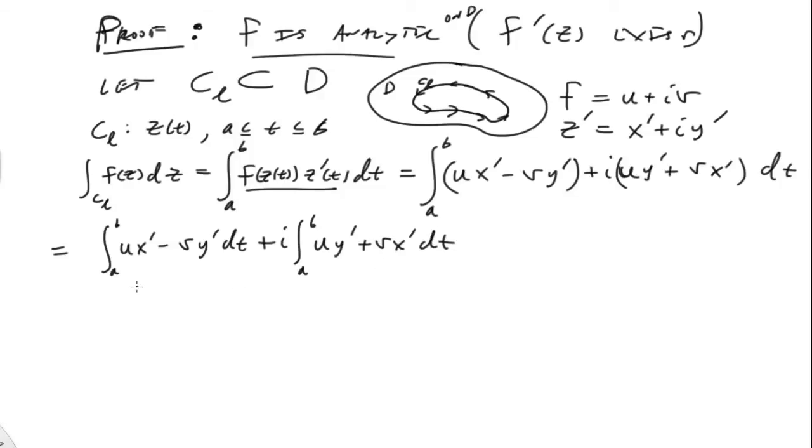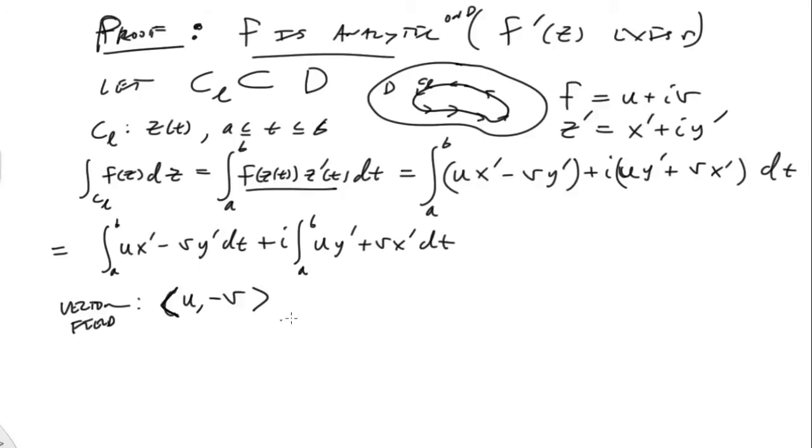Okay, so now let's try to understand a little more clearly what's going on here. I'm going to talk about the vector. So these are actually real valued integrals, but we can take this vector, in angle brackets, u comma negative v. I'm going to call that a vector field.